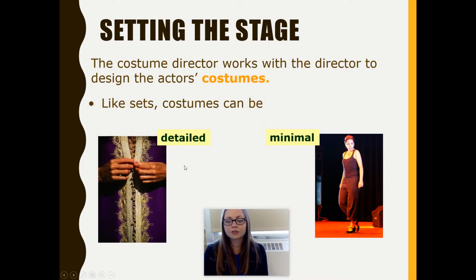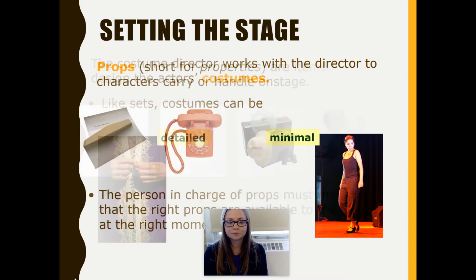The costume director works with the director to design the actors' costumes. Like sets, costumes can be detailed or minimal. The more detailed the play, obviously, the more realistic it would feel than the minimal. But the minimal plays, if done correctly, feel real as well.